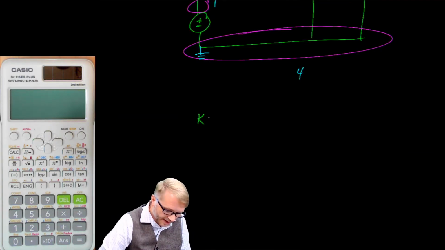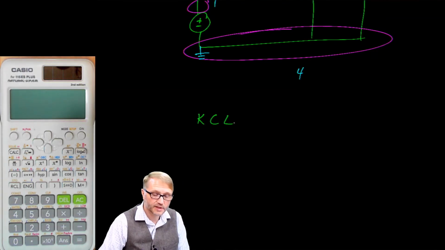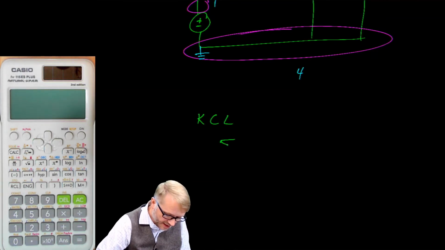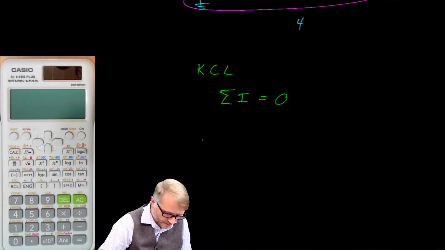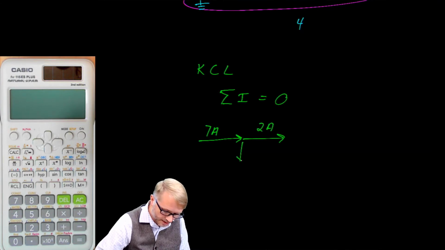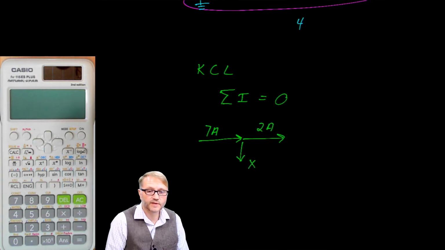Once again, KCL, which is Kirchhoff's current law, tells us that for any node, the summation of the current is equal to 0. Suppose we had a node that had 7 amps flowing in, 2 amps flowing out, and X amps flowing out. What is the total current?